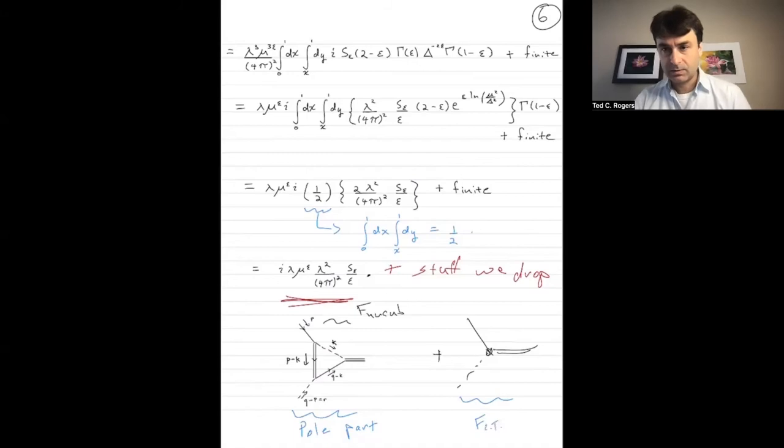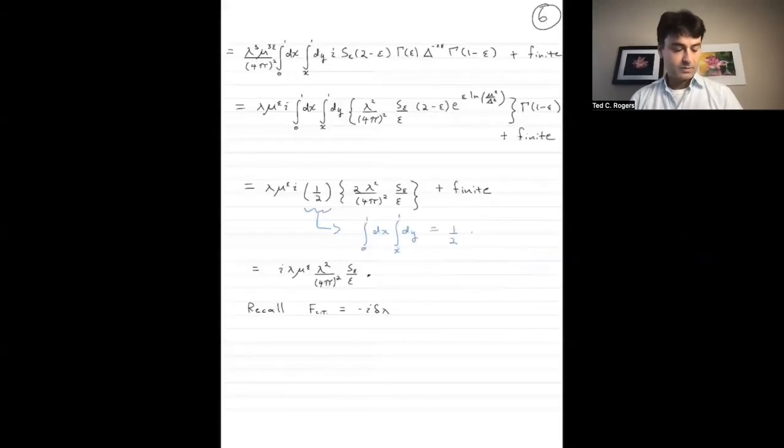Now, all we need to get that is to remember that there should be no pole parts left over once we add F sub counter term. So F sub counter term in the MS bar definition exactly cancels out whatever pole part we got here. So we can see immediately what it is.